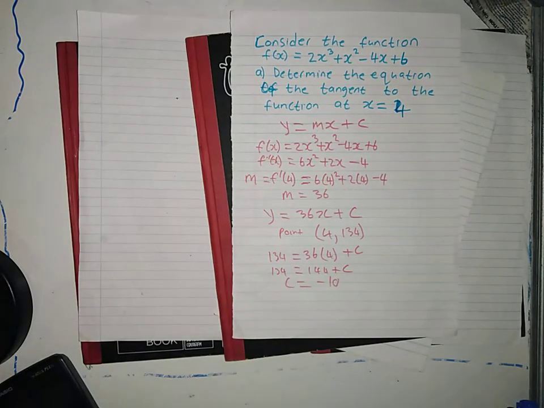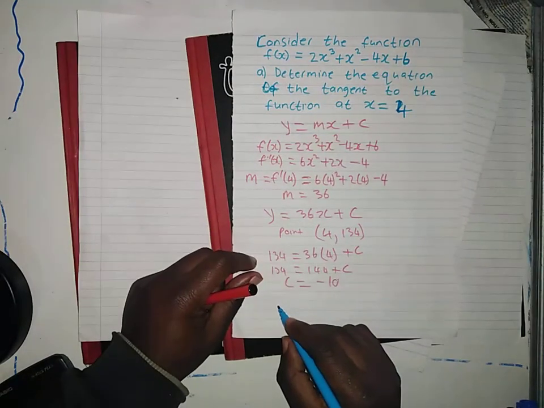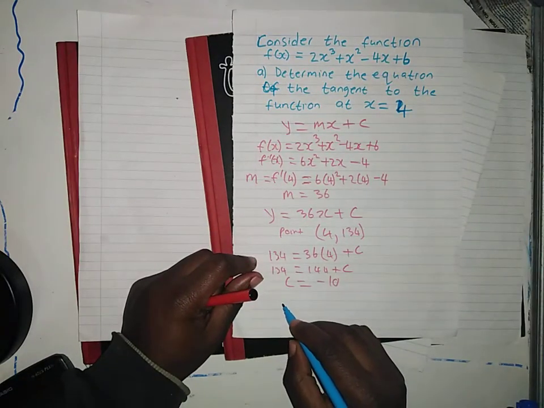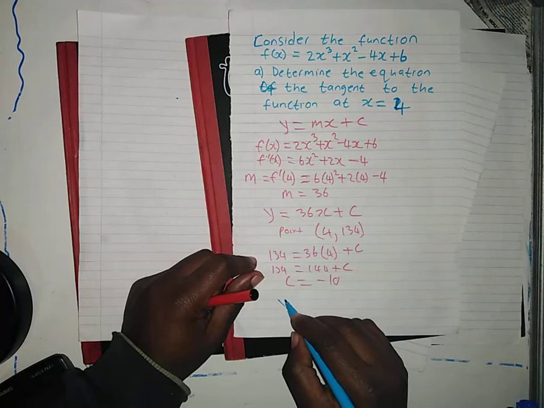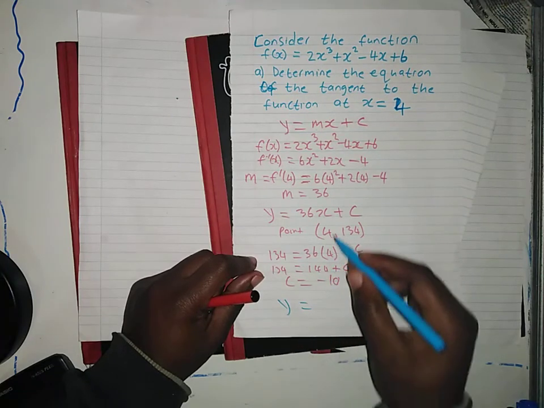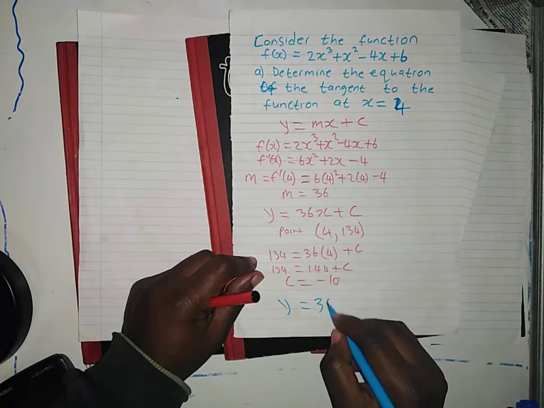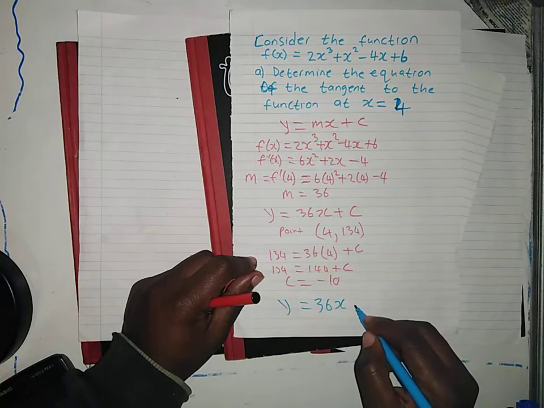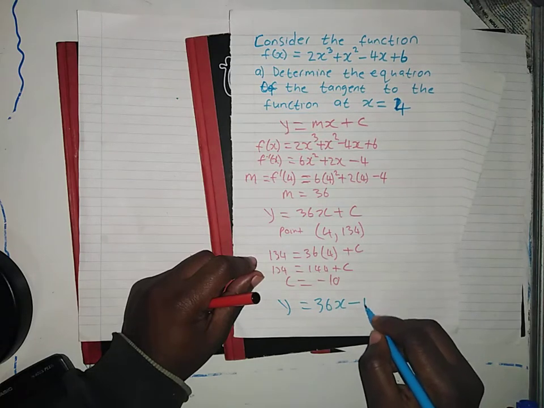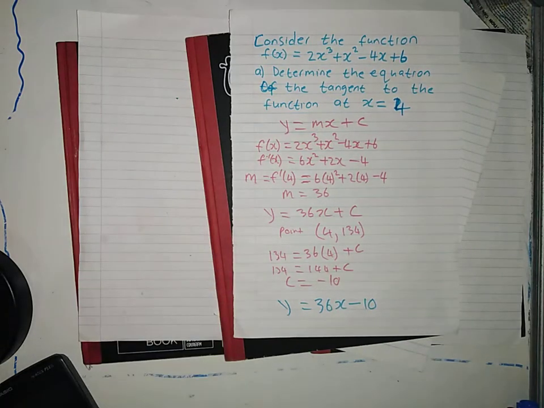Okay, and then you can get y, which is equal to 36x minus 10. This is the equation of a tangent, right?